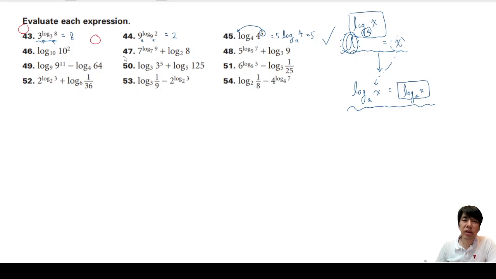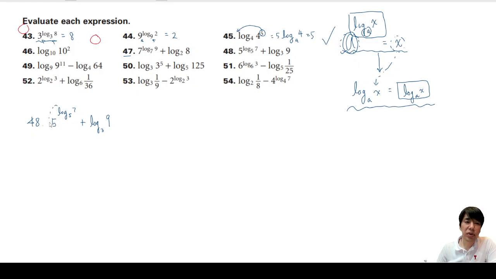47, we did it in class. 48. That's 5 to the power of log base 5 of 7, plus log base 3 of 9.